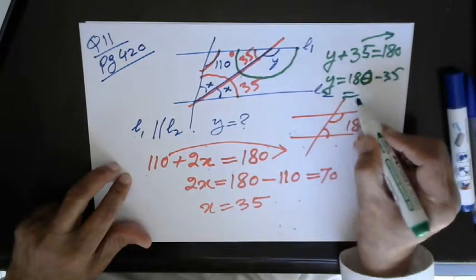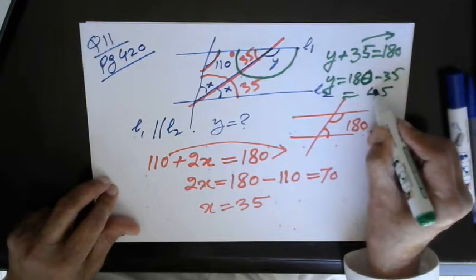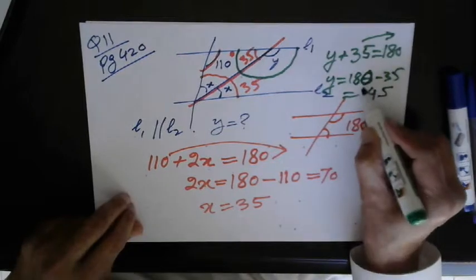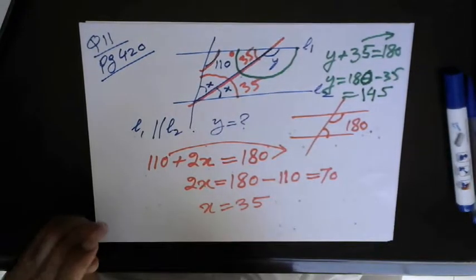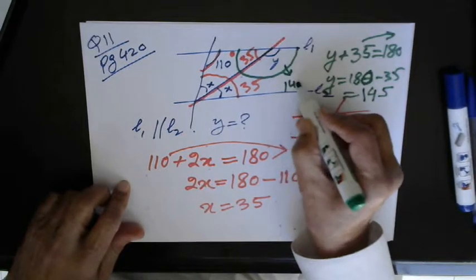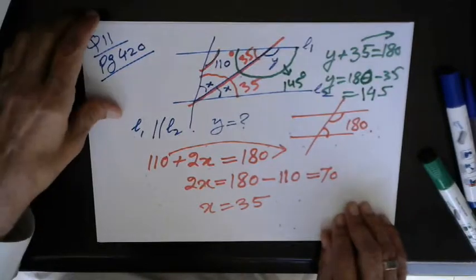And 180 minus 35 is how much? This is 5 and this is 4, 45. No, this is 1 also, sorry. So it is 145. This angle is of 145 degrees. I hope it is clear to you.